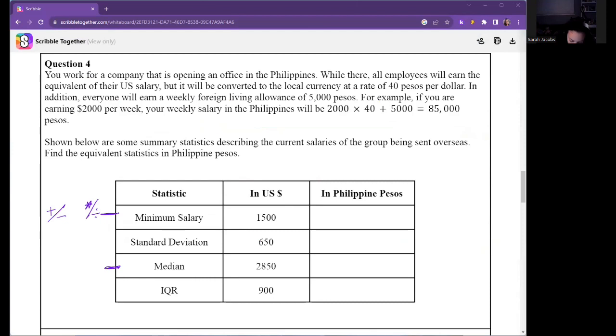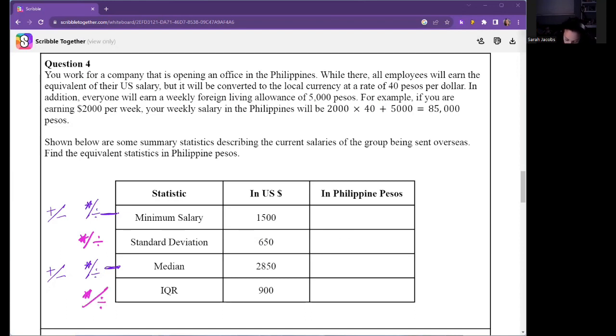So you're doing everything to those values. For measures of spread, because adding and subtracting to every single data point does not change how spread apart they are, it just changes where they are, this is when you only do multiplication or division.